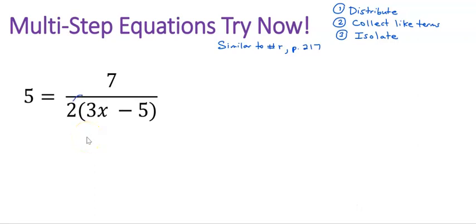All right, first step, we're going to distribute the 2 to both terms of the binomial. So this will be 5 is equal to 7 over 6x minus 10. And at this point, I'm going to show one method and then another way. Okay, so we've got this x term down here in the denominator.